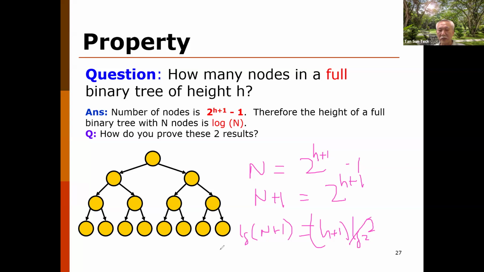If you just move the 1 over, h will be equal to log of n plus 1, minus 1. In big O notation, we can throw away the coefficient or the constant. So this one is thrown away, and inside here you can also throw away. Therefore, it is actually equal to log n.